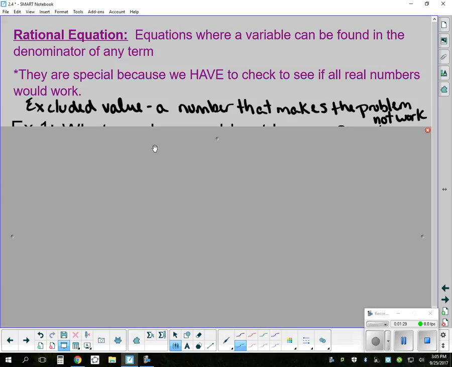So it causes some problems in your problem, and they could never, ever be a solution. So an excluded value is never a solution.